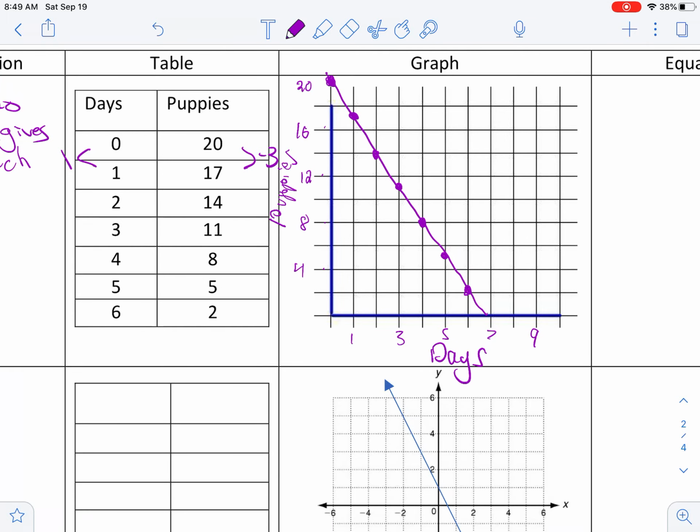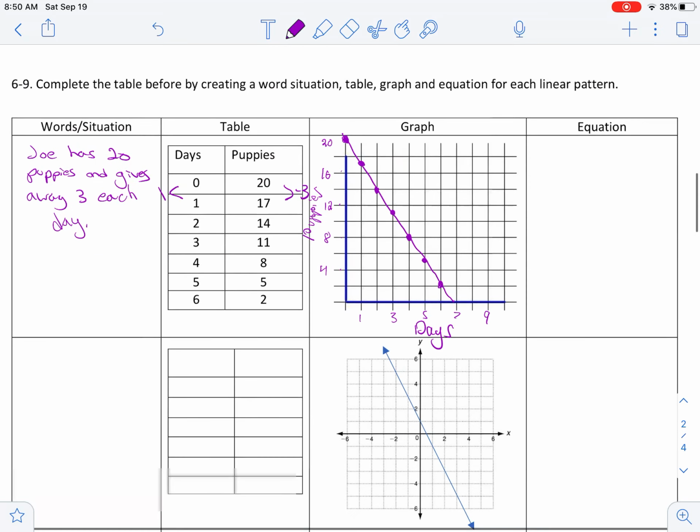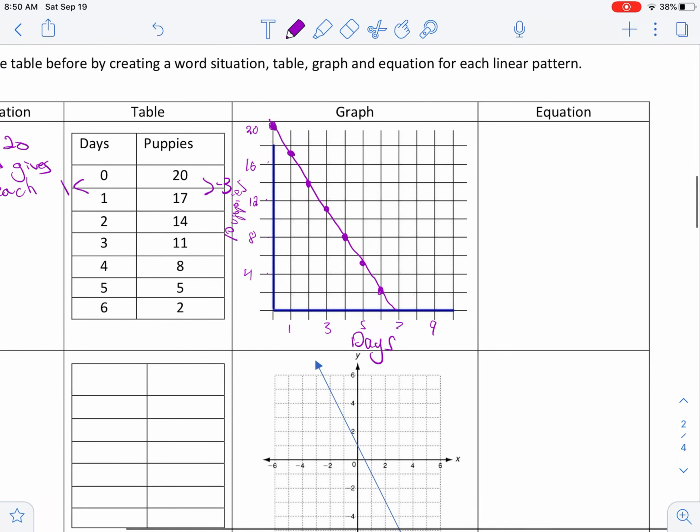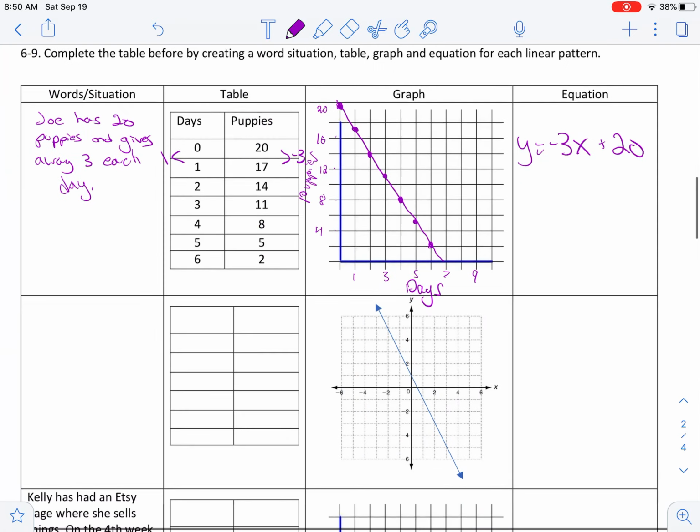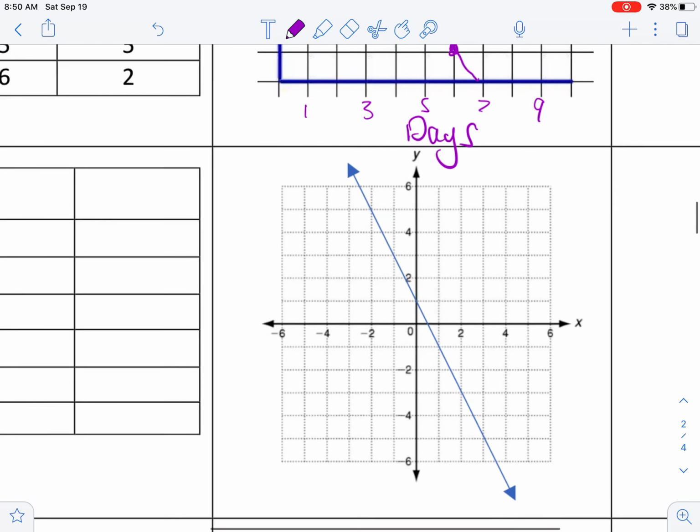I'm not going to put arrows on that because we can't have negative puppies. So we don't need to go below the x-axis. So there you go. An equation for this would be y equals -3 puppies per day plus the initial 20 that we're starting at.